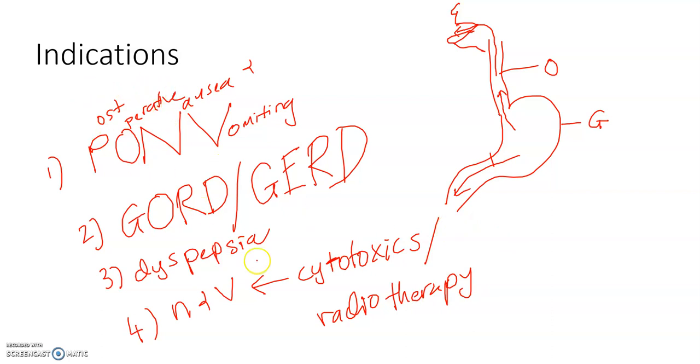So these are the main indications for giving metoclopramide: post-operative nausea and vomiting, gastroesophageal reflux disease, dyspepsia, indigestion, and also nausea and vomiting due to cytotoxics or radiotherapy.